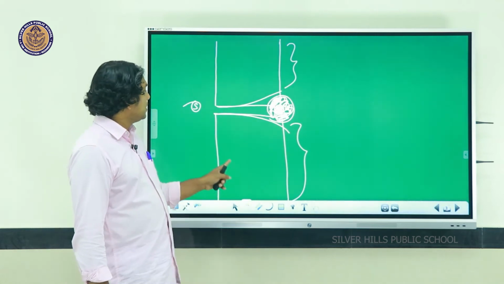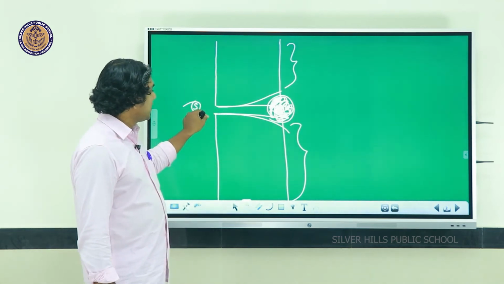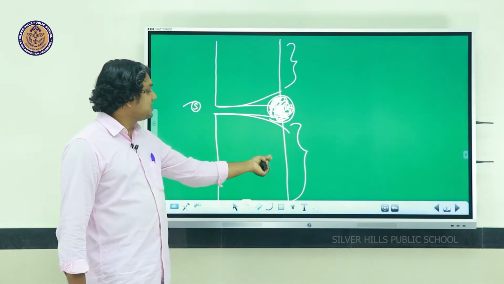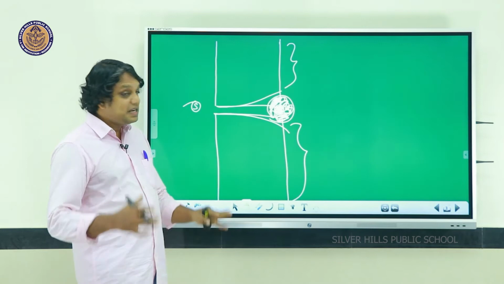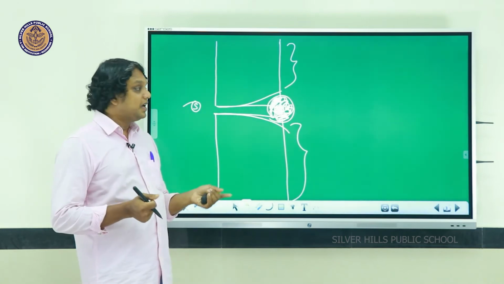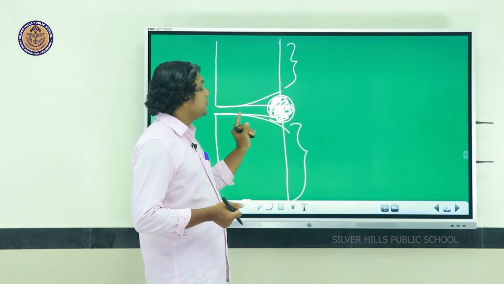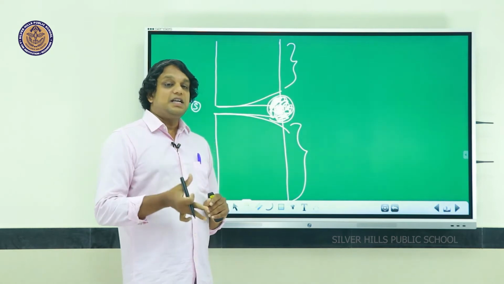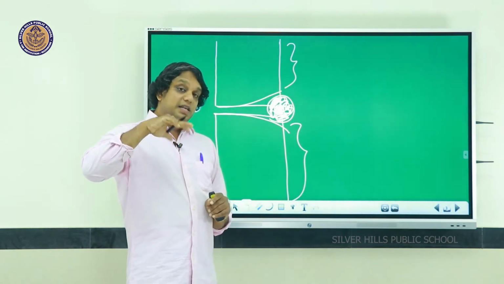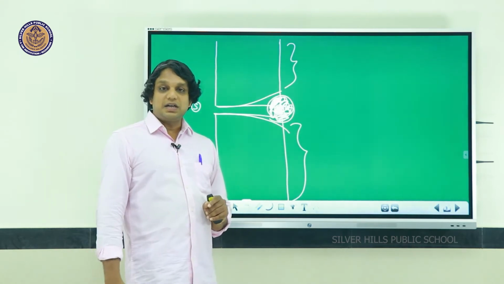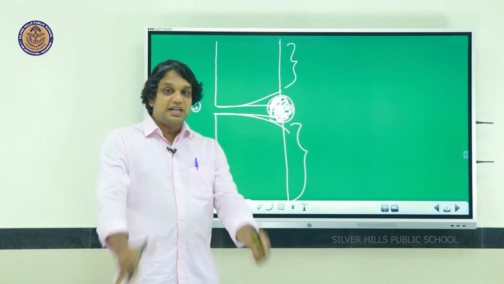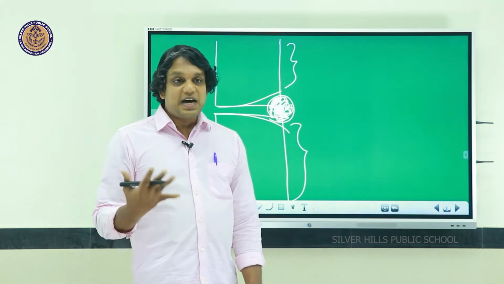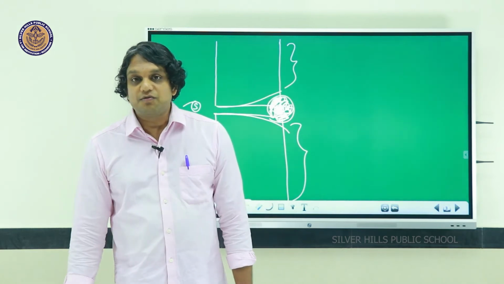Here also, if you adjust the slit and the distance between the slit and the screen, we will find many interesting patterns. This bright spot will be encircled by a dark region, then once again new bright circles come, and like that concentric alternate dark and bright fringes are formed.